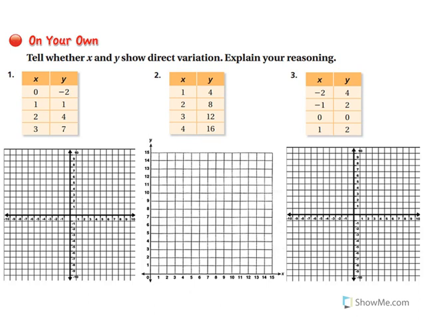But the original quadrant I gave you doesn't really work well, especially with 3. It can be worked with 1, but it doesn't work well with 3. So you need to make that small little change. After you've made that change, you're going to tell whether x and y show direct variation and explain the reasoning. So go ahead and give these 3 problems a try and see how you do.